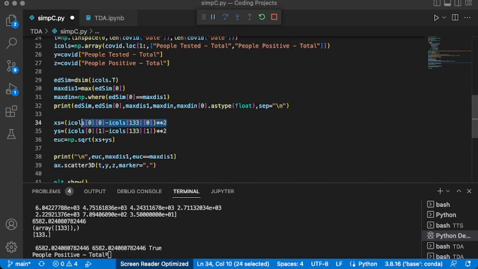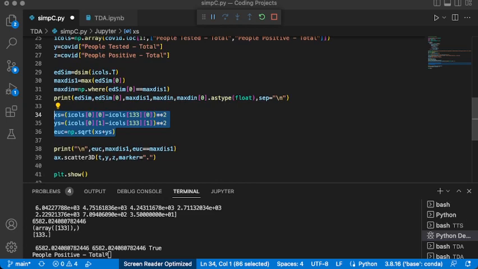That's this code right here. Just the two-dimensional Euclidean distance, and then I printed whether they equal each other, and it was true.